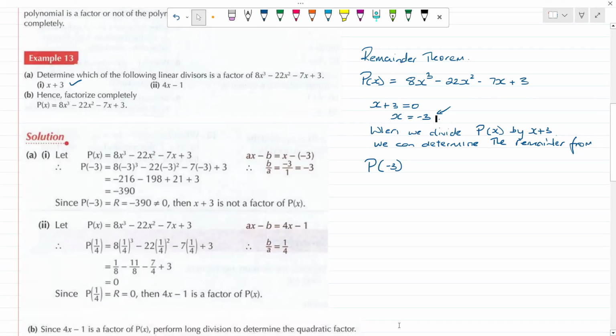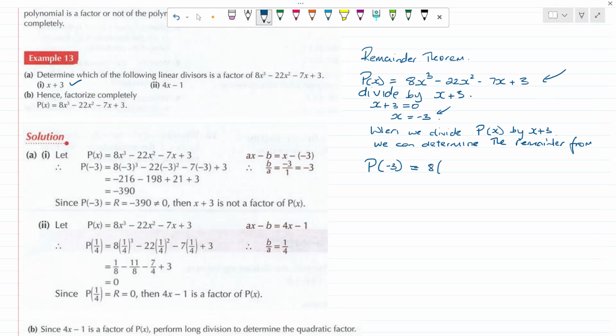Right. So we're talking about this polynomial I was talking about, 8x cubed minus 22x squared minus 7x plus 3. We want to divide it by x plus 3. Now, if we let this polynomial be equal to p of x, we could substitute x to be negative 3 in order to find out what the remainder would be.